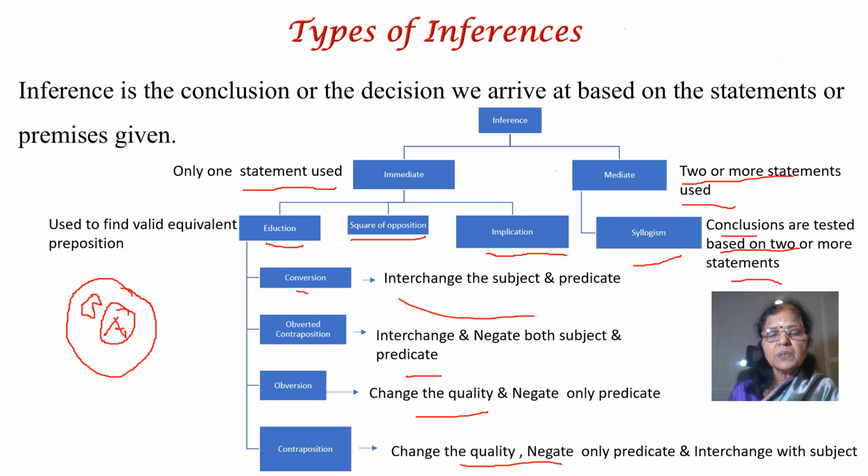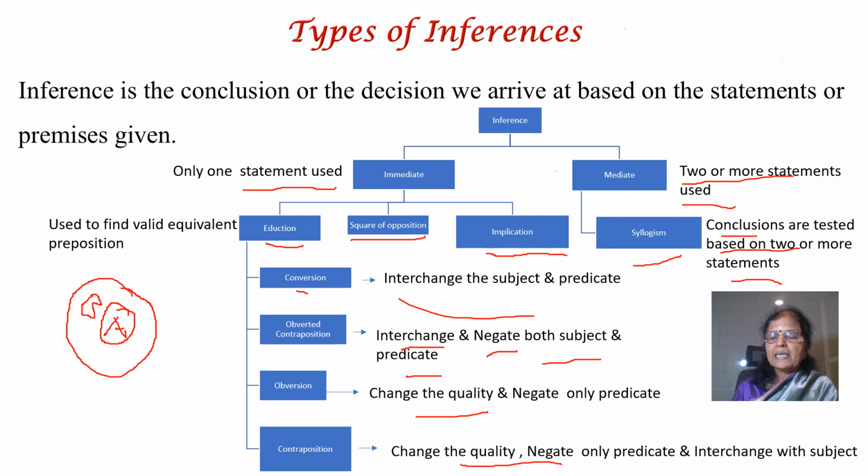What are they? Conversion is very simple. You are interchanging the subject and the predicate. The subject goes to the predicate place and the predicate goes to the subject place. That is conversion. Okay. And what is contraposition? You do the inversion, that is, you interchange the subject and predicate first and then negate both subject and predicate.